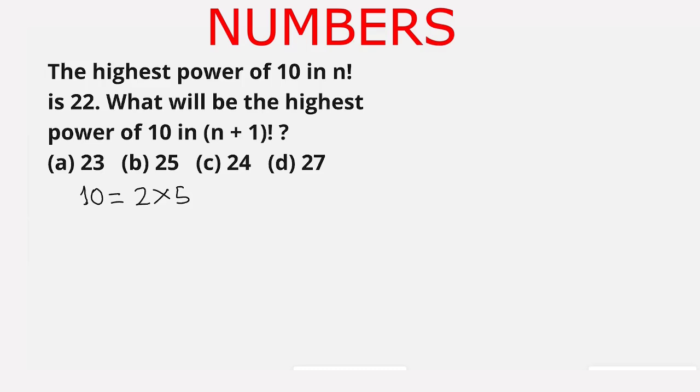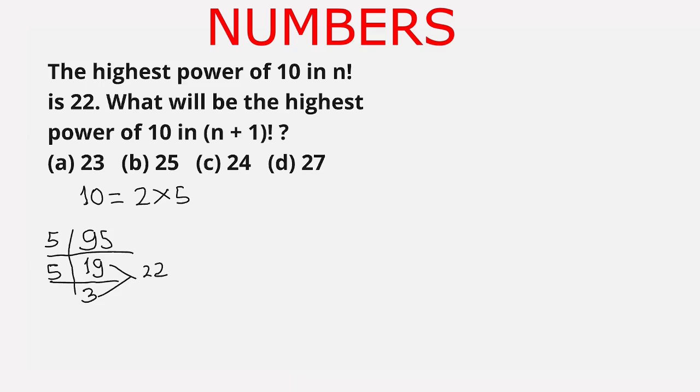It is given that the power of 10 in n factorial is 22. We successively divide 95 by 5 to prove that the maximum power of 22 is in 95 factorial. 5 divides 95 for 19 times, and 5 again divides 19 for 3 times, and 19 plus 3 is 22.